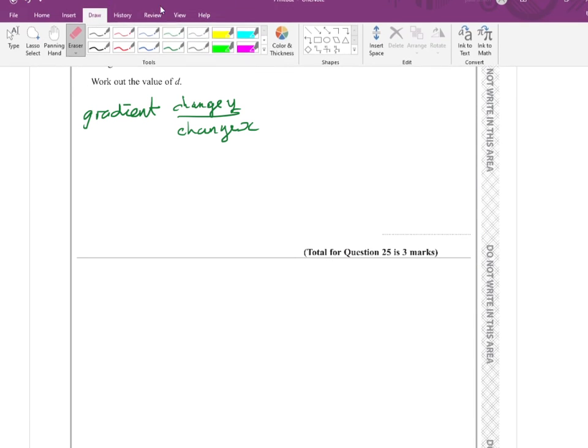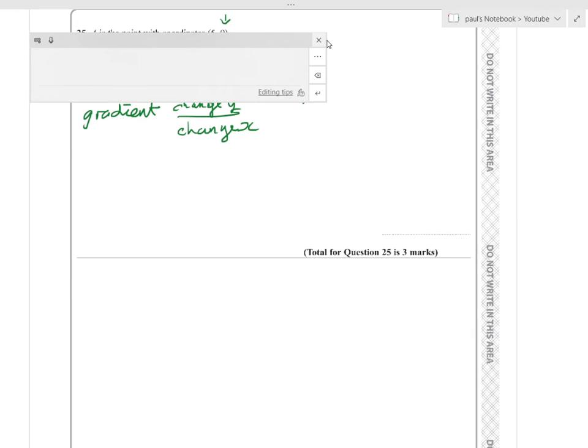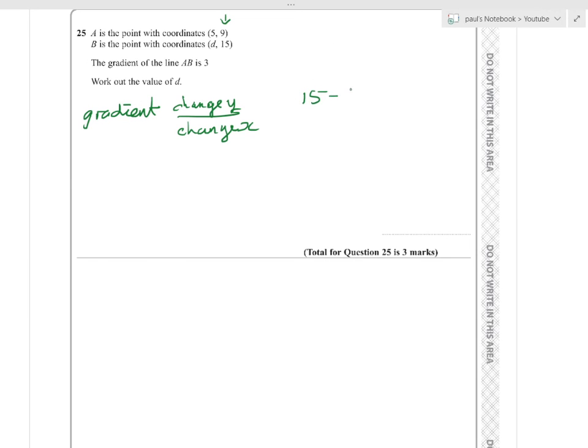Right, okay, so the change in y is 15 minus 9. The change in x is d minus 5. And that all equals 3, doesn't it? So 15 minus 9 equals 3 times d minus 5.